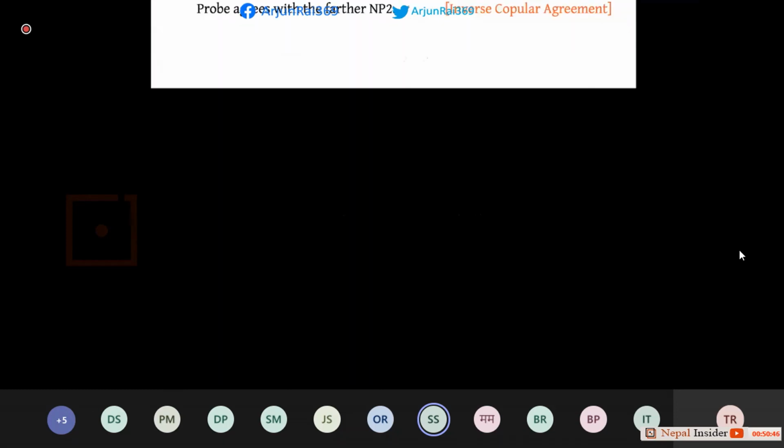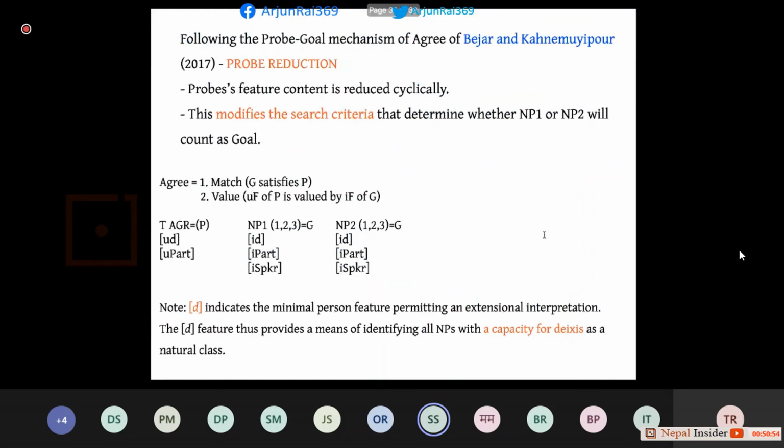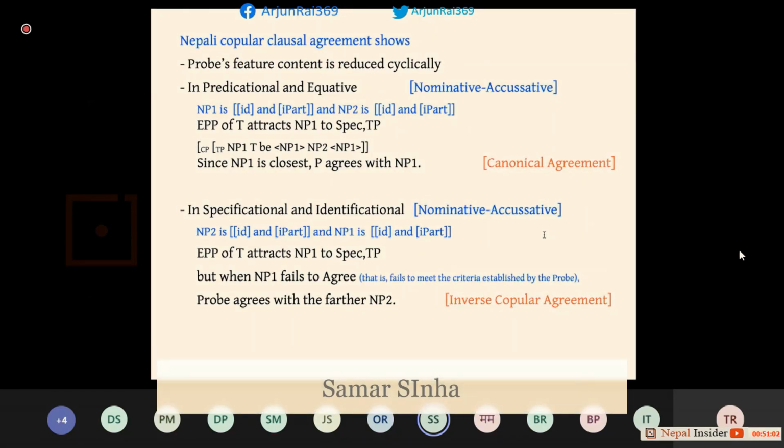So therefore, you can find an inverse copular agreement. These are the two mechanisms, following Susanna and Kanemi Pure's probe reduction mechanism of agree. We can account for these two copular agreement systems in Nepali copular clauses.